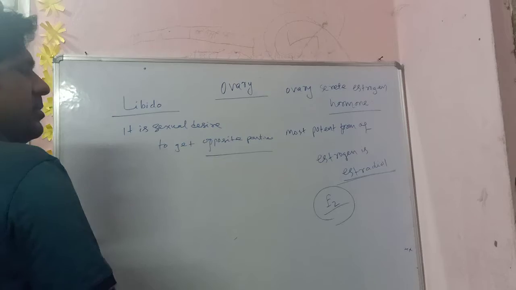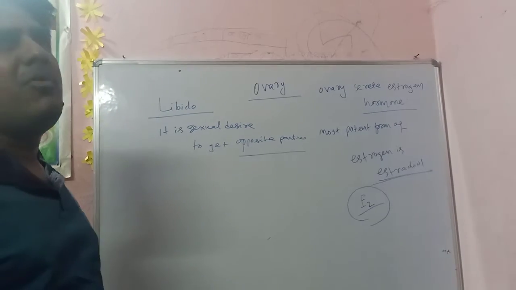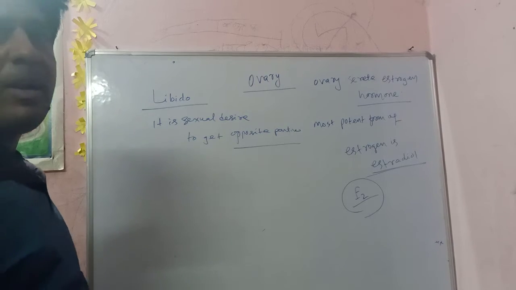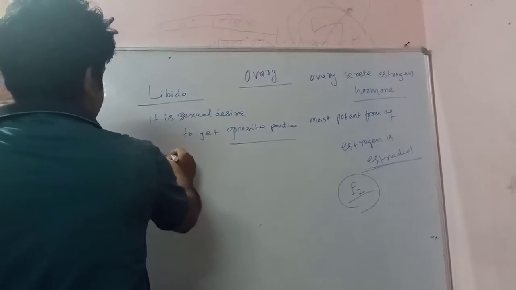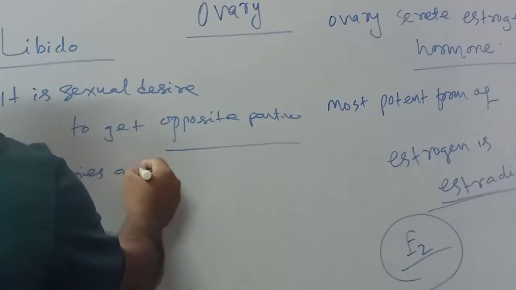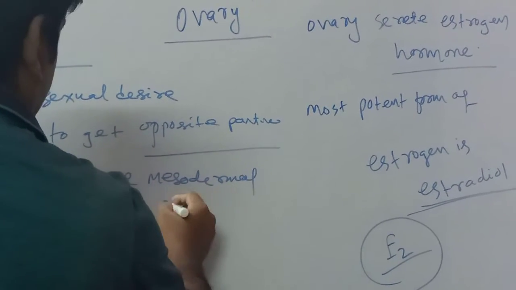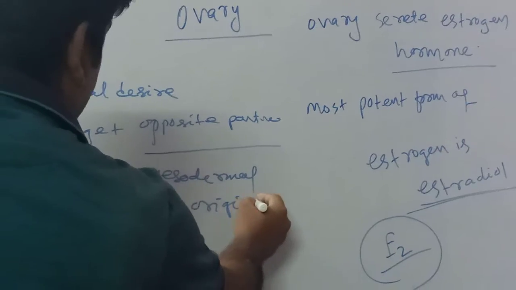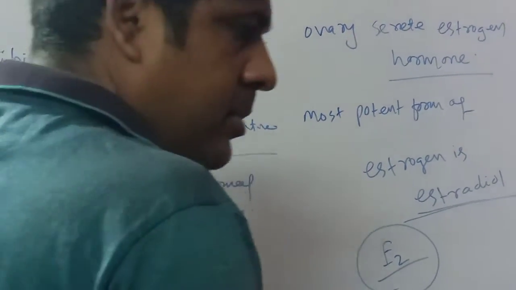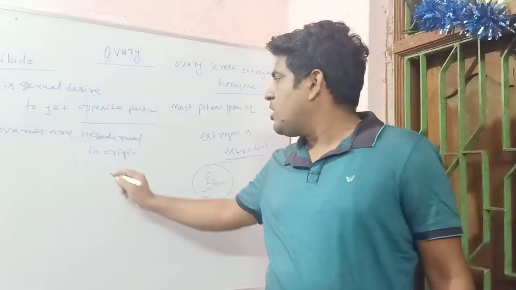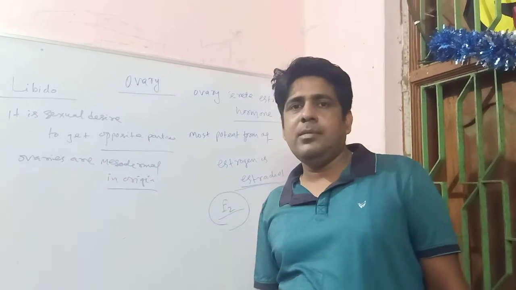Both ovaries weigh about 4 to 8 gram. Ovaries are mesodermal in origin. I have taught you about the 3 germ layers in first year.